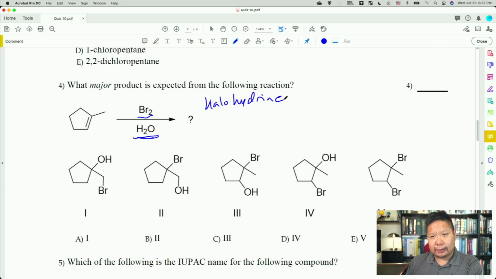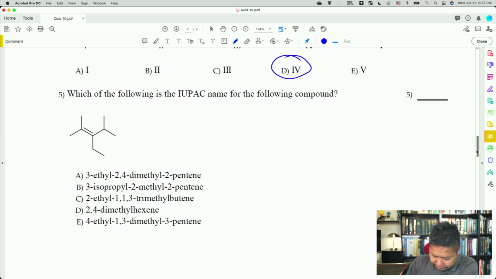The key here is that the addition of the alcohol will happen at the most substituted carbon, and the bromine will be at the least substituted carbon. The only one that has that is number 4, right there. So that's answer D, structure number 4.